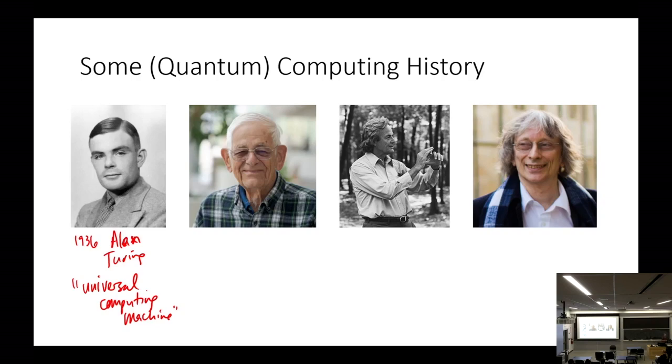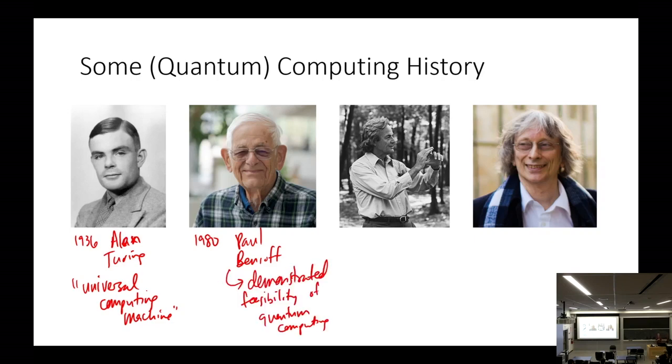And in 1980, so many years later, this is Paul Benioff. He used Turing's paper to propose theoretical feasibility of quantum computing. The paper that he wrote to show this, if you want to look it up, is called The Computer as a Physical System, a microscopic quantum mechanical Hamiltonian model of computers as represented by Turing machines.